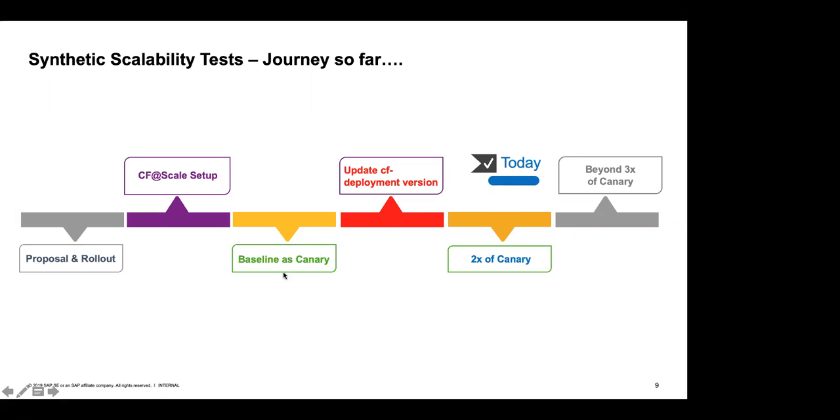We started by saying, let's take our canary system. So essentially our biggest system that's used SAP internally as a baseline in terms of certain KPIs, like how many Diego cells do we run, how many application instances are we running.